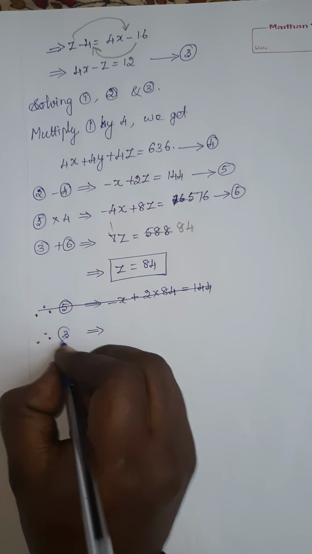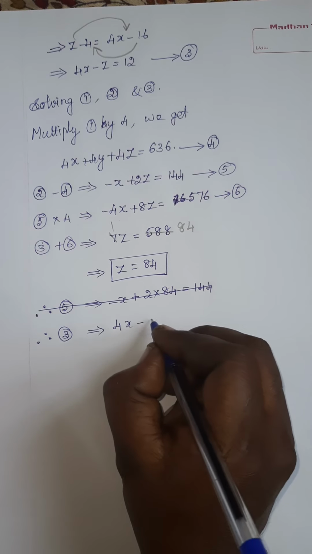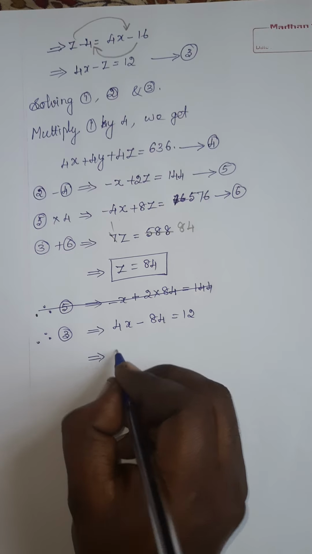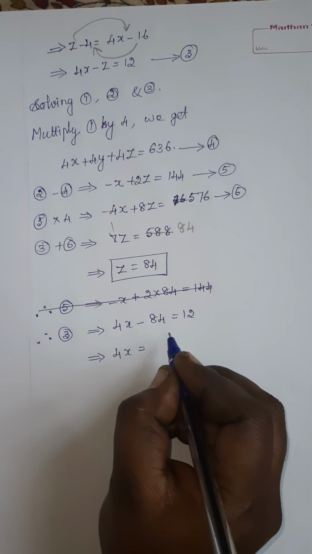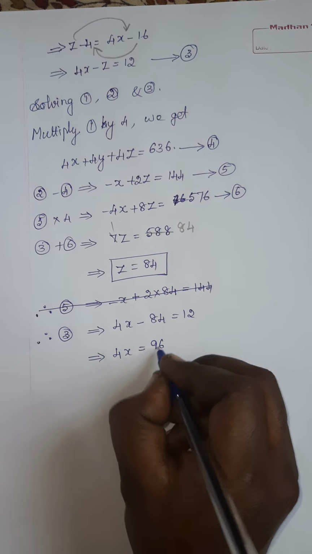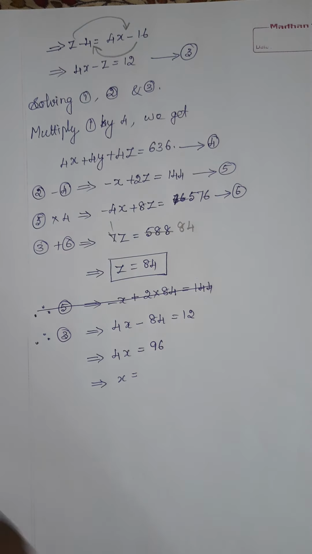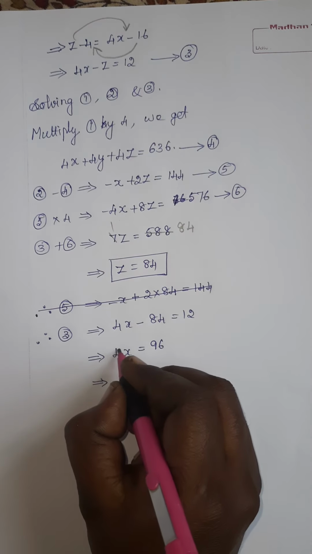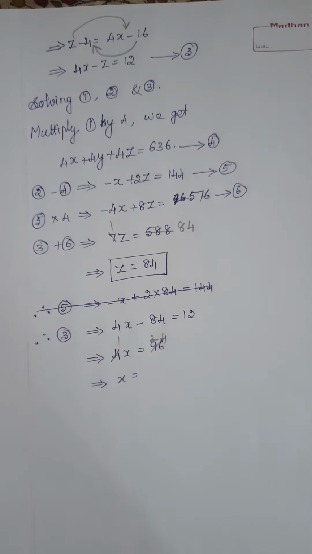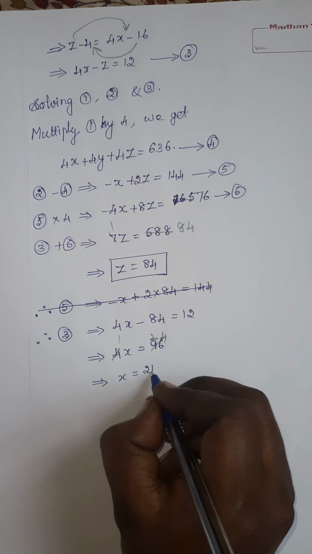It is easy calculation. Okay, 4x minus z, minus 84 equal to 12, which implies 4x is equal to 84 plus 12, it is 96, which implies x is equal to 96 divided by 4, or you can cancel from here itself. 1 4 is 4, 2 4s are 8, 4 4s are 16. So x is equal to 24.